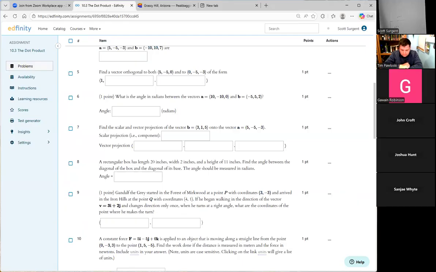Well, I'll draw you a picture. Right now I'm copying the information onto my thing, and then I'll share my overhead. 3i plus 2j.